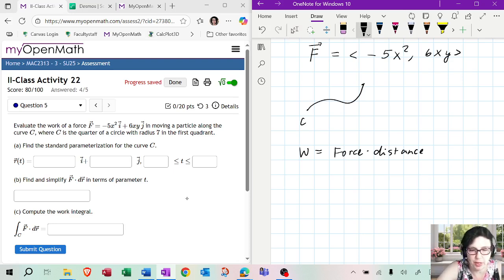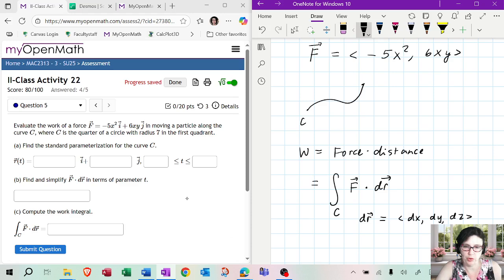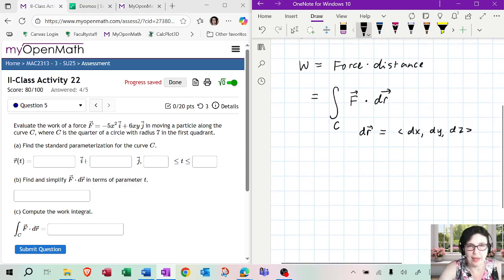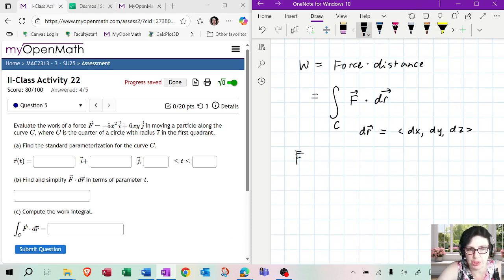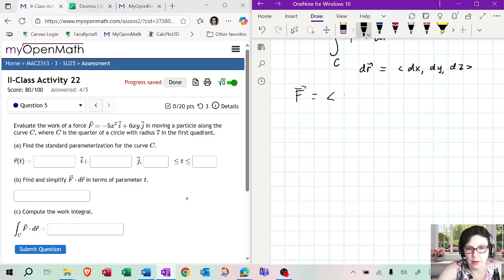So in this case, we're going to get a line integral over that curve, and this is going to be force dot, which is the dot product, dr, which is the vector that consists of change of x, change in y, change in z if needed. So this is going to be like dx, dy, dz if it's a three-dimensional situation. So what will that actually become? Imagine that the force is given by some P, Q, and R, three components.